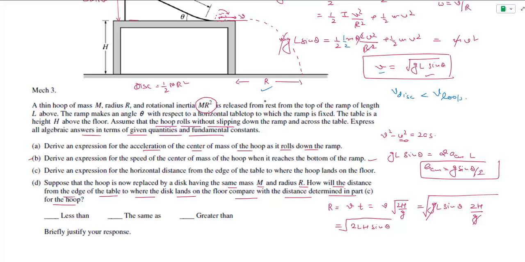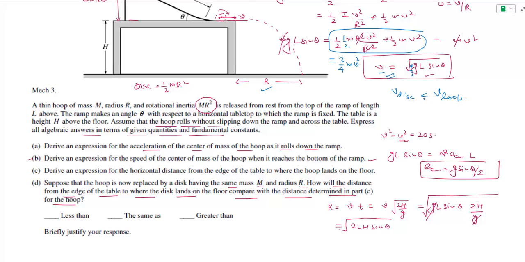Or greater than. Check. See, that will become 3 by 4 mv square, and when we write v, that will become 4 by 3 times gL sin theta.